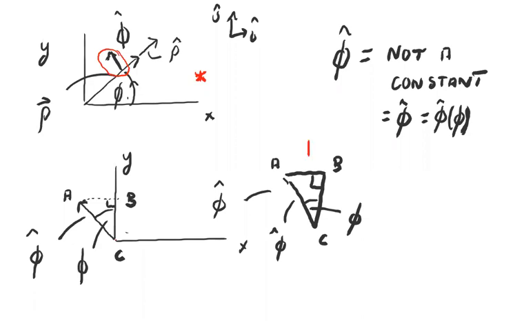This first component here is going to be the sine of phi, because after all, the sine of phi is the opposite side over the hypotenuse. In this case, the hypotenuse has a magnitude of 1, because the length of this unit vector phi hat is 1.